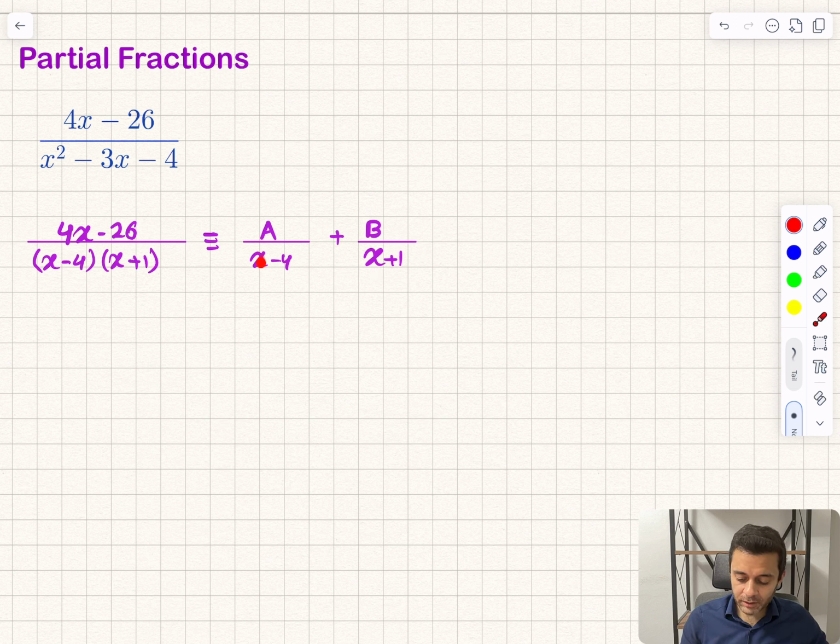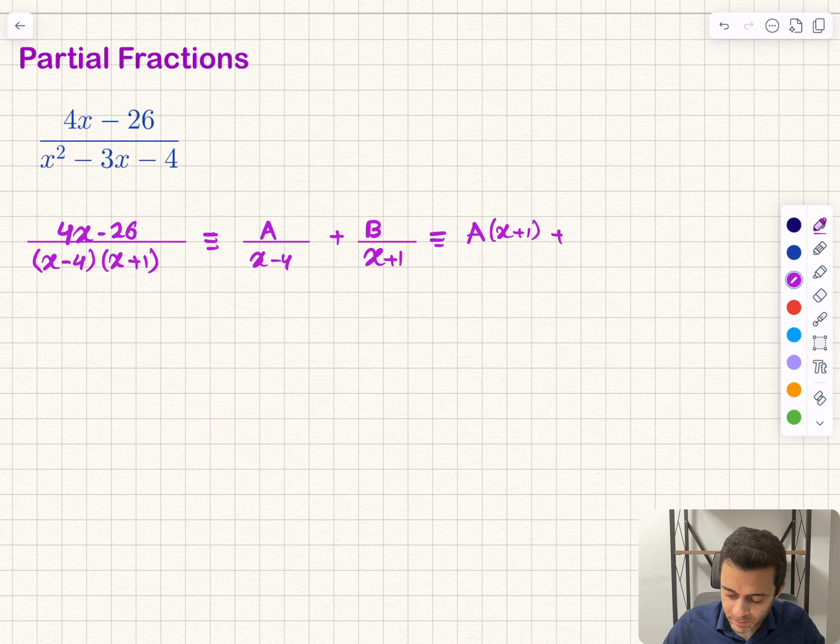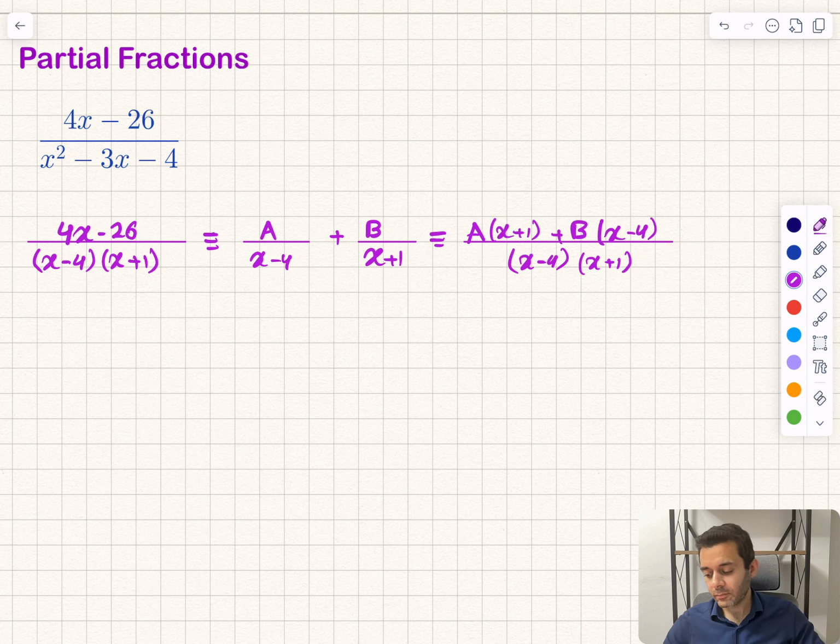You multiply a by x plus 1 and b by x minus 4, and the denominator will be the product of these. So this will be a times x plus 1 plus b multiplied by x minus 4, and both divided by x minus 4 times x plus 1.